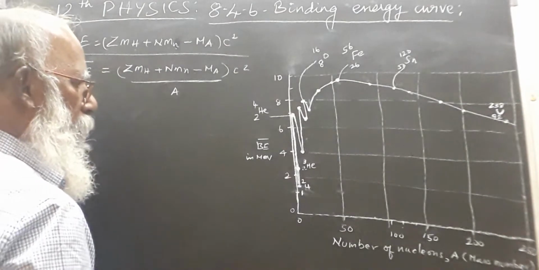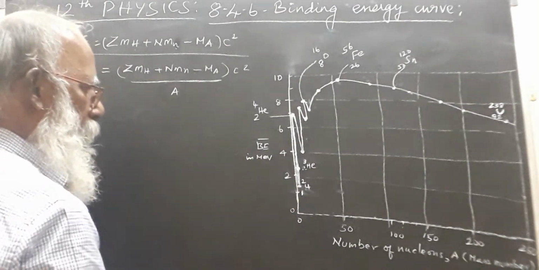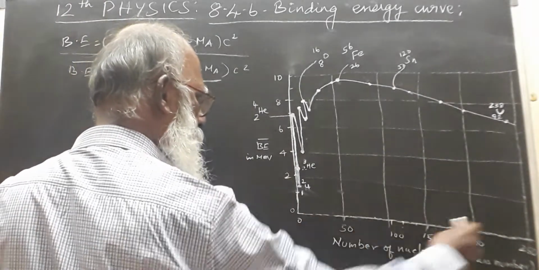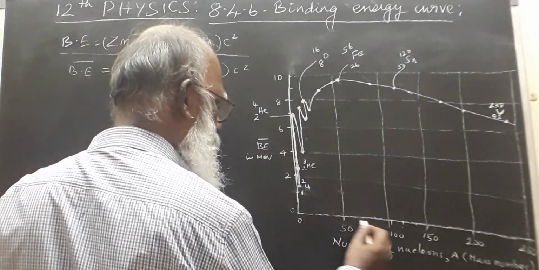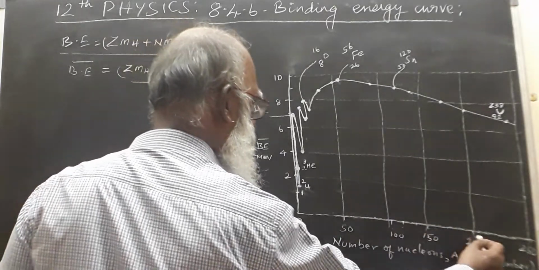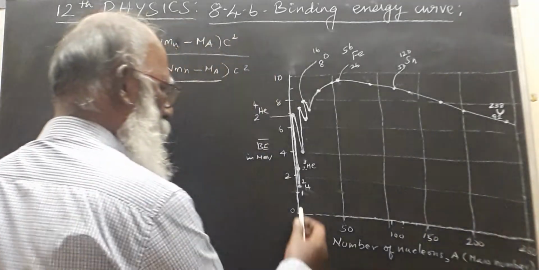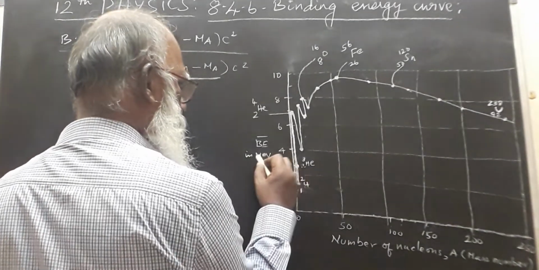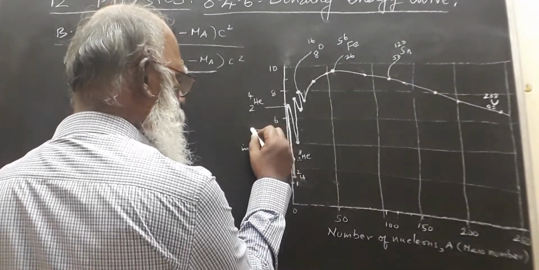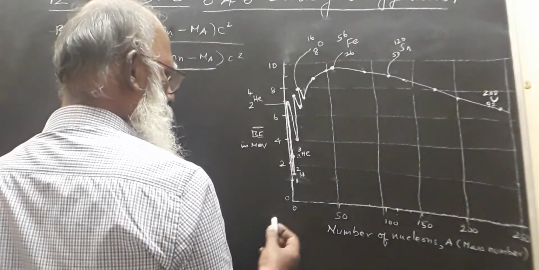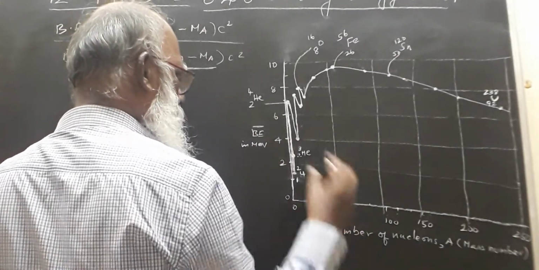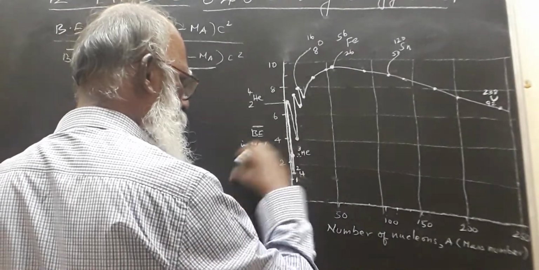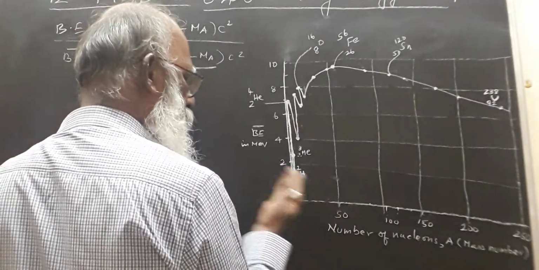Now, when we think about the graph, on the x-axis we mark 0, 50, 100, 150, 200 and 250, whereas on the y-axis we consider the binding energy per nucleon in million electron volt, the amount required to separate the nucleons from the nucleus.